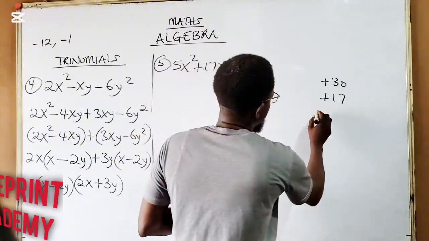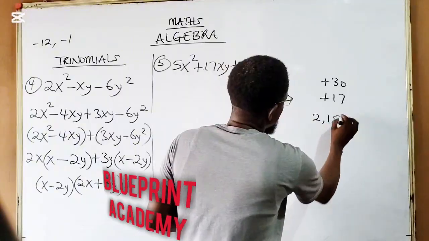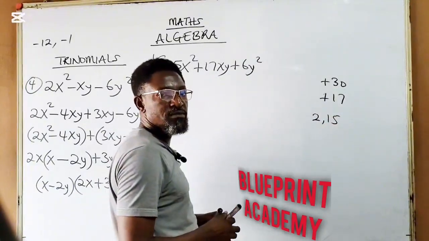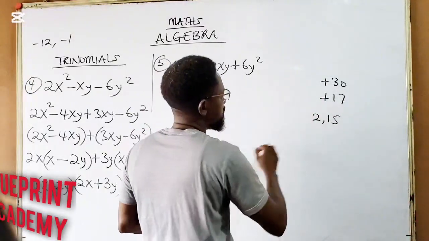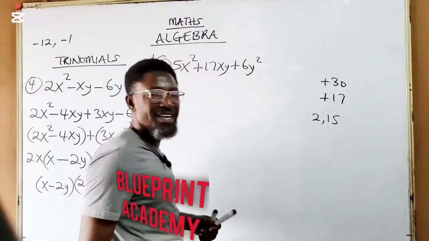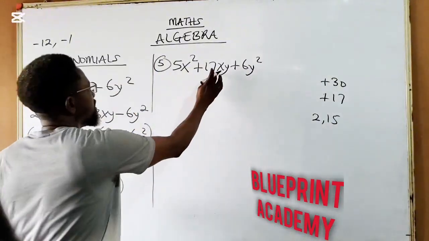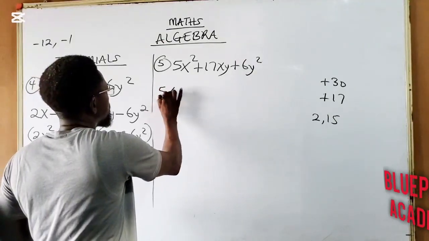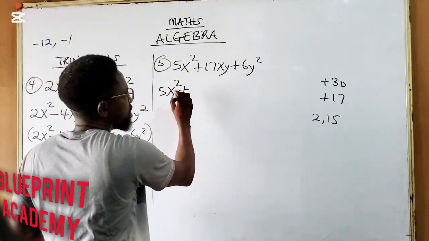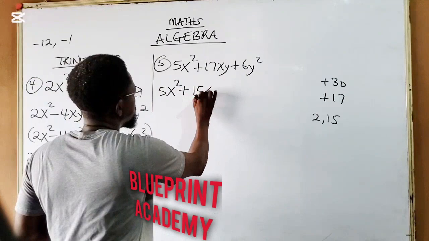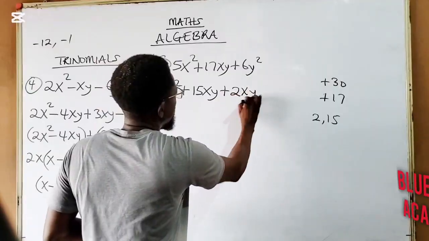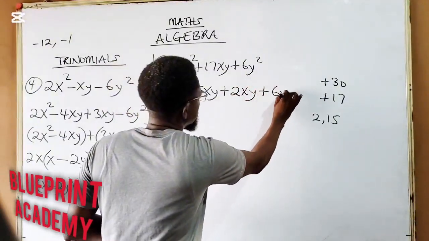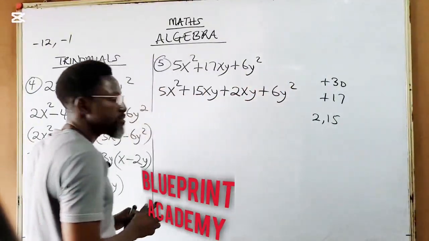And when you add, you get plus 17. In this case, we can use 2 and 15. That's positive, positive. 2 times 15 is 30. 2 plus 15 is 17. So now I'll split this middle one using the 15xy and the 2xy, then plus 6y squared.